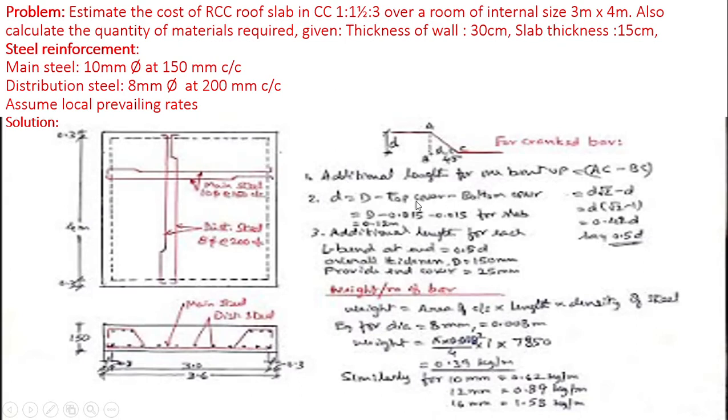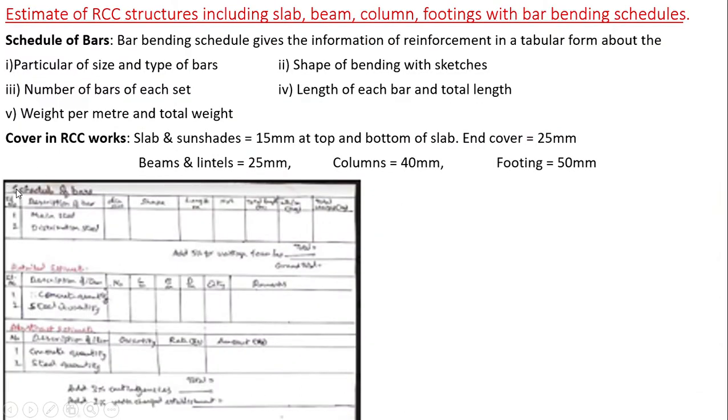There are 3 steps involved in the estimation of RCC works. I told you in the beginning that estimation of RCC work includes calculation of cost of concrete and reinforcement. Now, table 1 gives you the schedule of bars, table 2 gives you the detailed estimate, and table 3 gives you the abstract estimate.